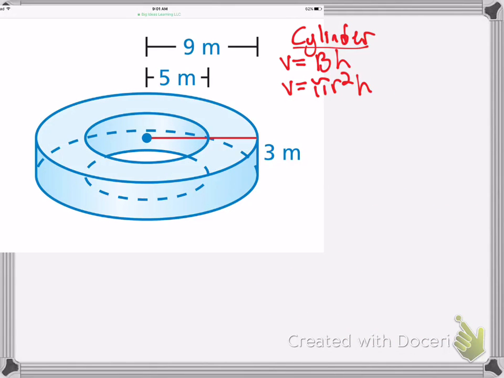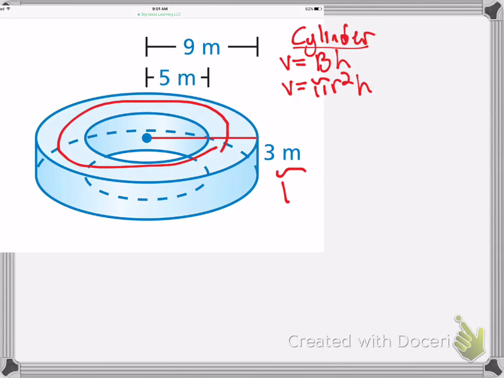Next, we have a cylinder. It's cut out. You need to find the volume of this piece of the cylinder. Now, in order to do this, you'll find the volume of both of them. So we'll find the volume of the whole thing first.